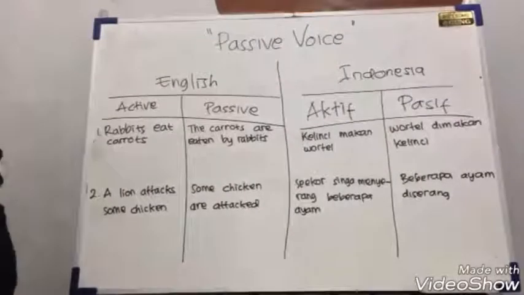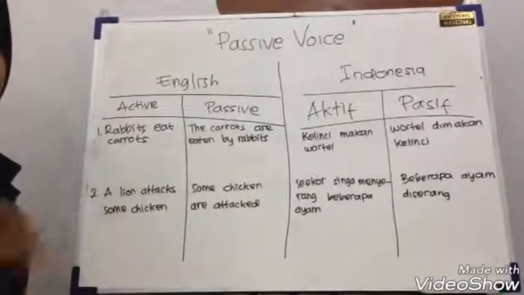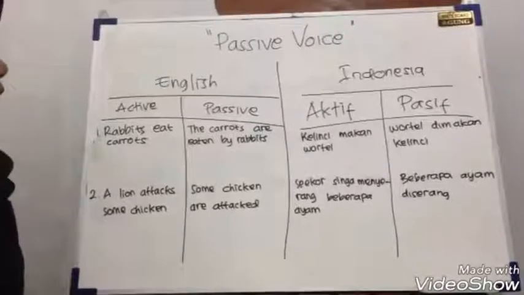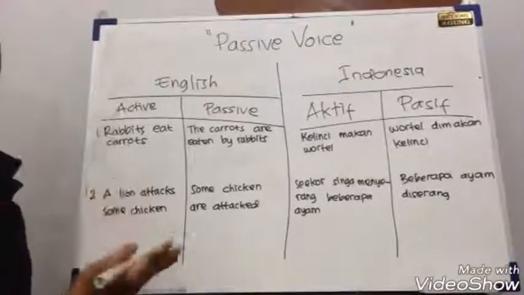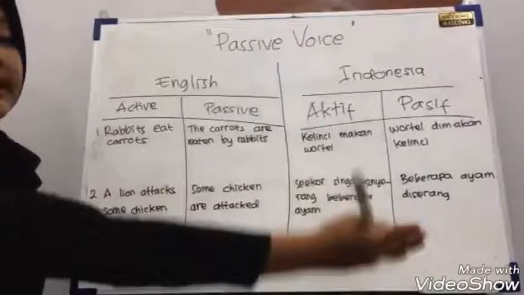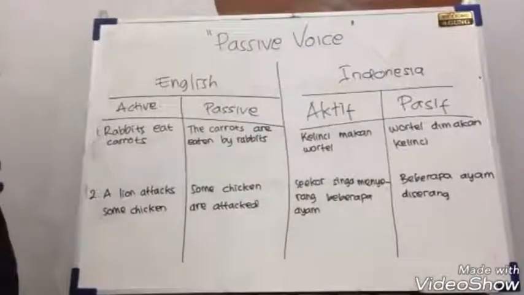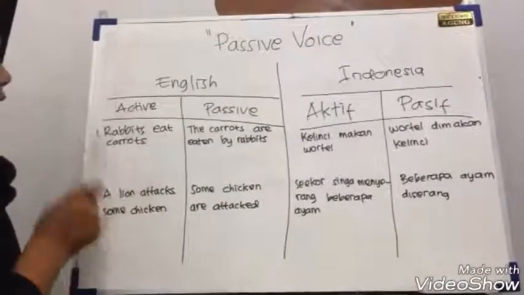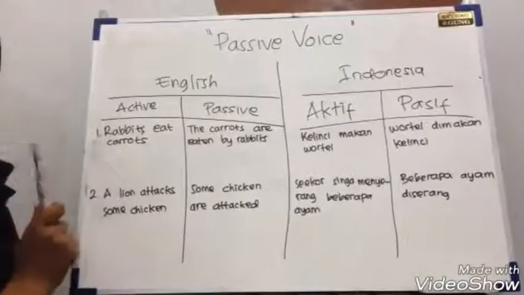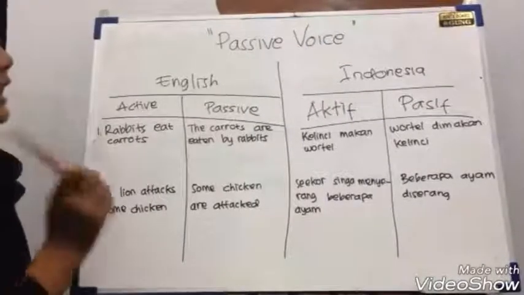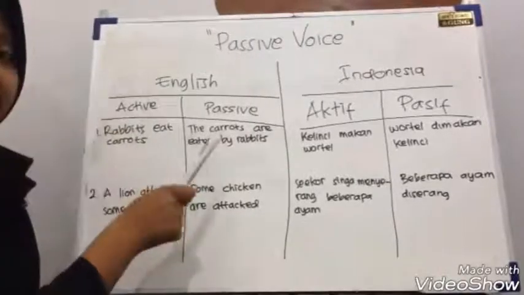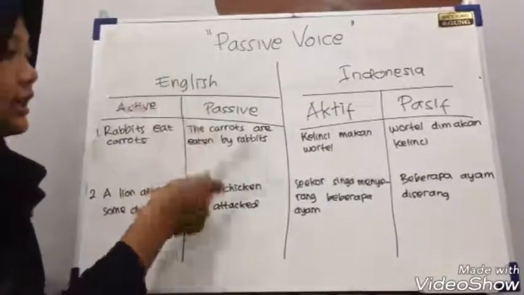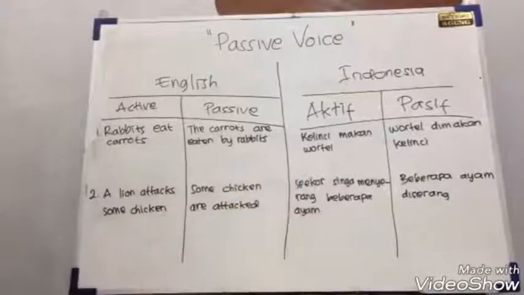To help you understand more, just take a look at this following table. I have some sentences here. This is the English version and this is the Indonesian version. Rabbits eat carrots is the active voice, and the passive voice is the carrots are eaten by rabbits, and this is the translation.